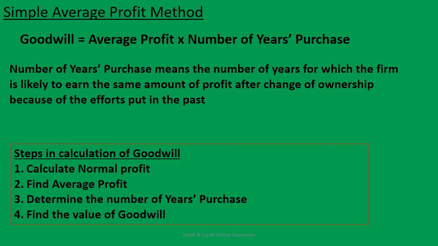That is, even after the change of ownership, the firm is likely to earn the same amount of profit because of the efforts put in by the old owners. That is the number of years purchase.